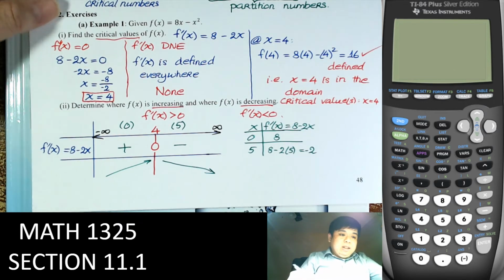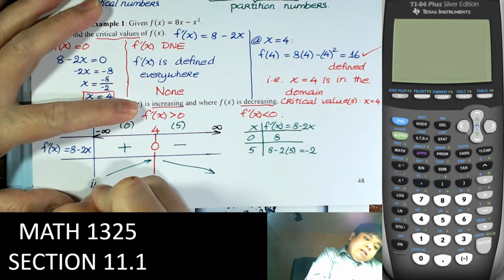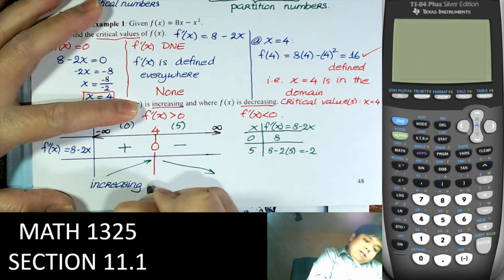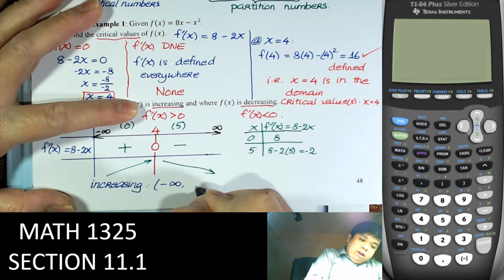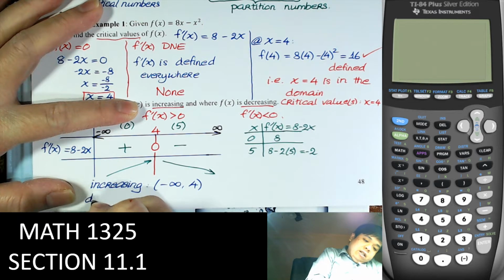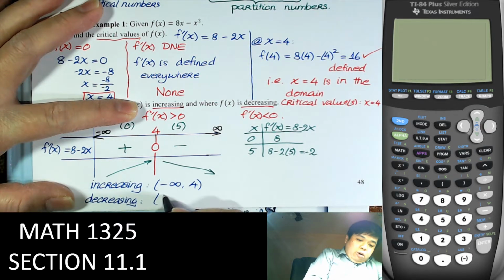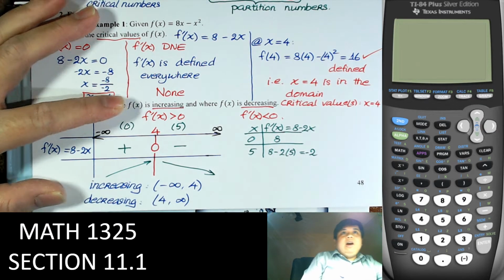If not, it is decreasing. So we will write the function is increasing on the interval of negative infinity to 4, and decreasing on 4 to infinity. Very straightforward.